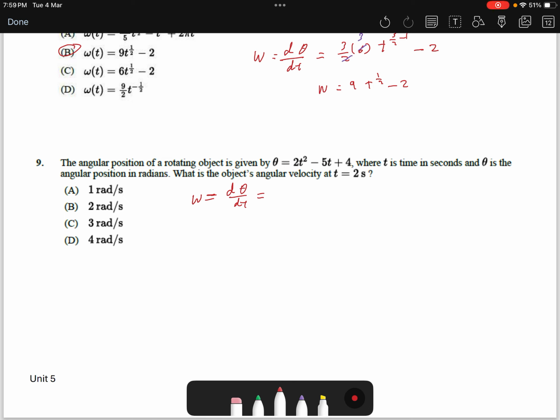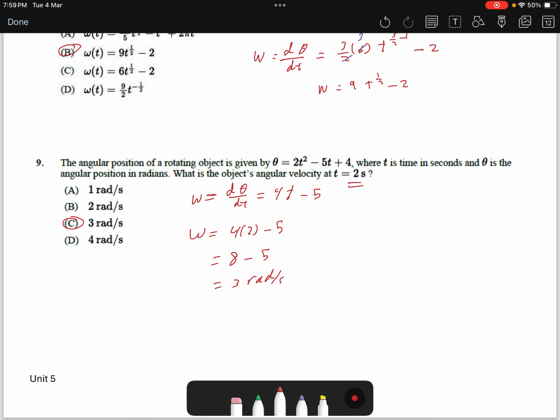So the answer is 4t minus 5. For time t equal to 2 seconds, we substitute: omega equals 4 times 2 minus 5. That means 8 minus 5. The answer is 3 radians per second. So the answer is C.